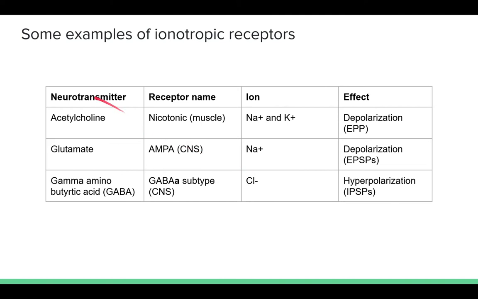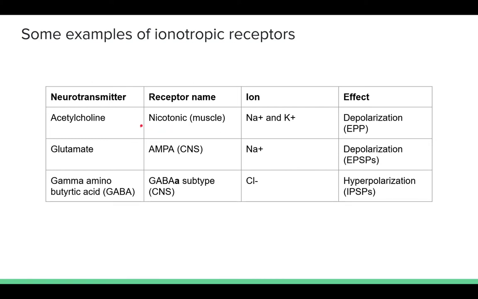And finally, our last example is in the peripheral nervous system. Remember, the neurotransmitter acetylcholine has a role at the neuromuscular junction. That role is mediated by what's called the nicotinic subtype of the acetylcholine receptor, which is on the muscle cells at the neuromuscular junction.